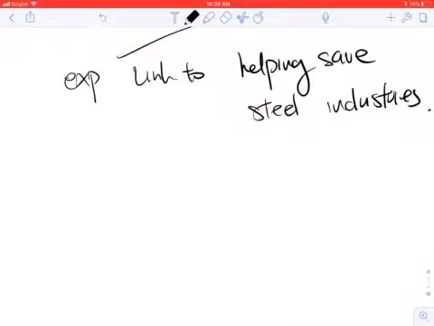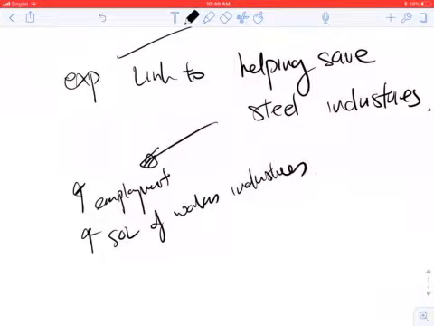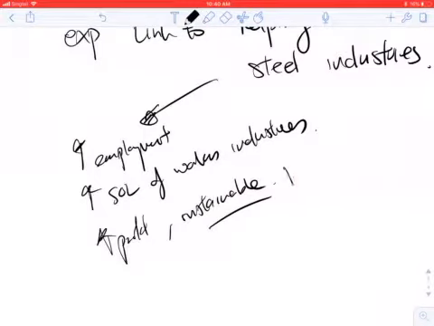So in your explanation, you must write things like there's increased employment, right? Increased standard of living of the workers in the industries, or things like increased profits, sustainability of the industries, or you can think that the measures are effective, government measures.